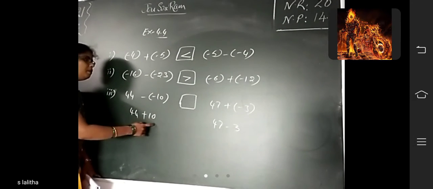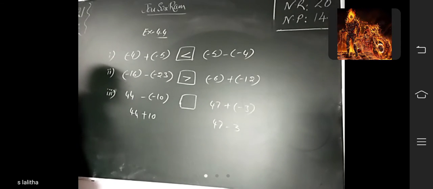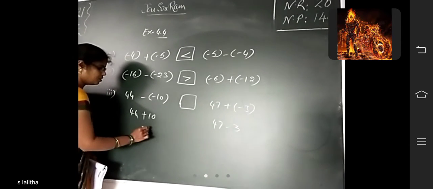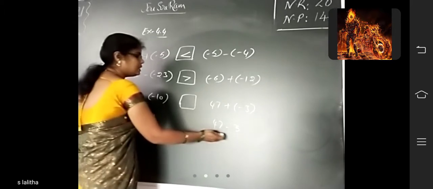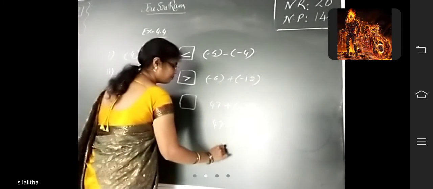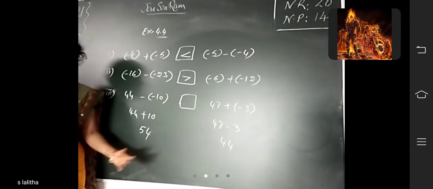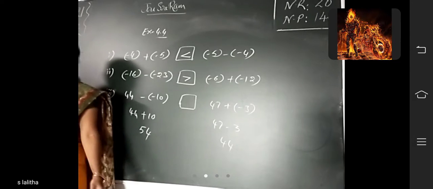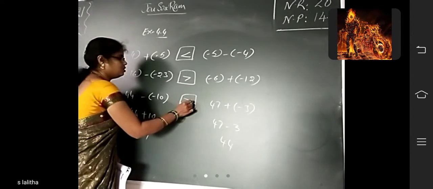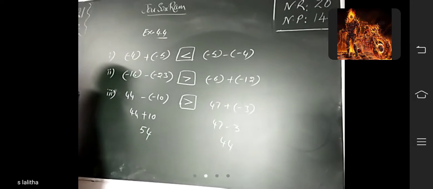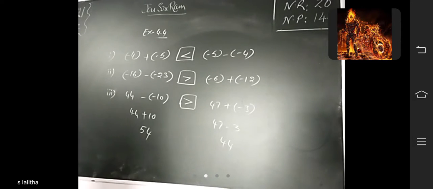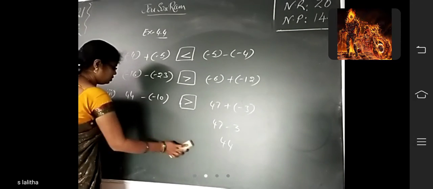So 44 plus 10, how much? 54. 47 minus 3, how much? 44. Now which one is greater, 54 or 44? 54 is greater. So you have to put the greater than symbol. Okay. Did you understand? Yes. Okay, right. Write in your textbooks only.